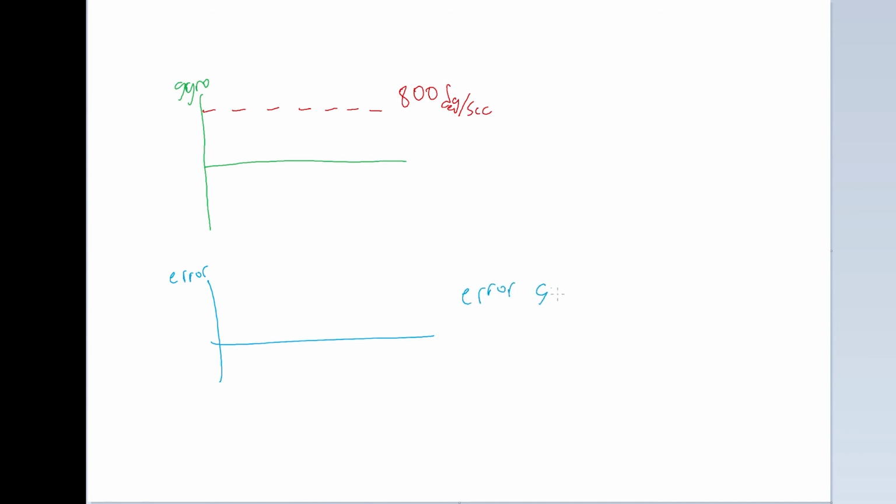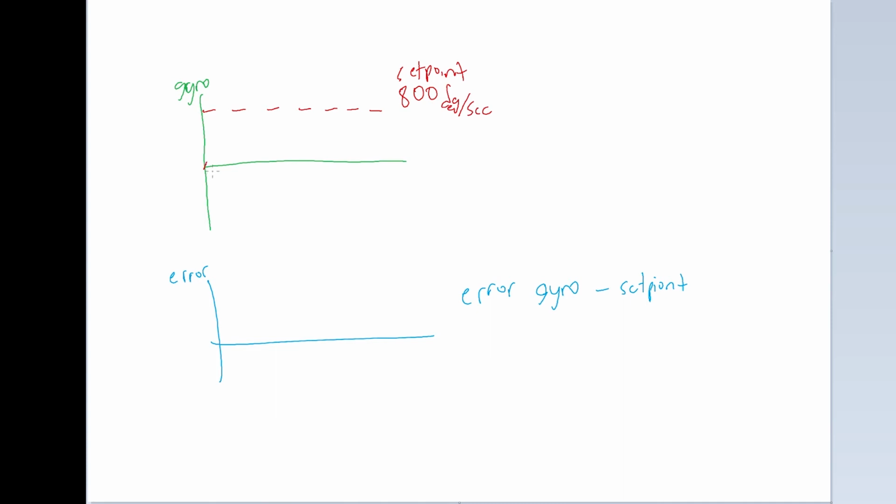And error, if you recall, is gyro minus set point. So the set point is what we set here. Okay, all right. So now we're just moving the sticks, and when we move the sticks, the motors speed up and want to make that turn.